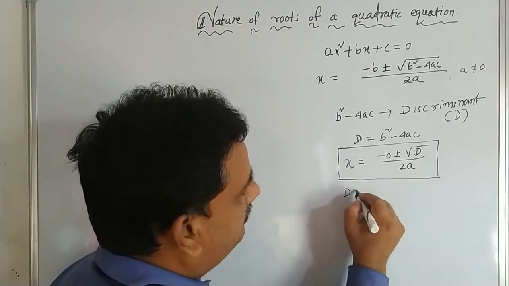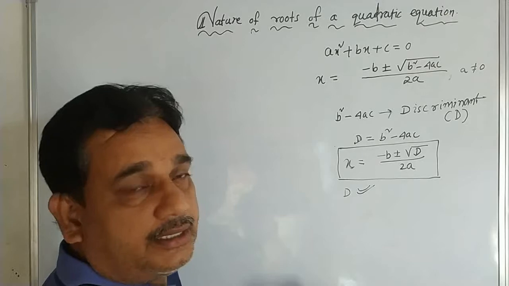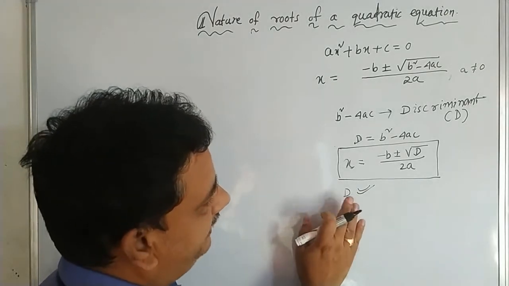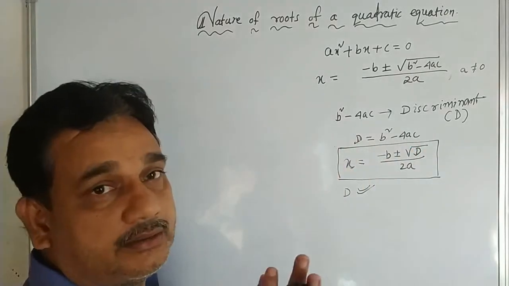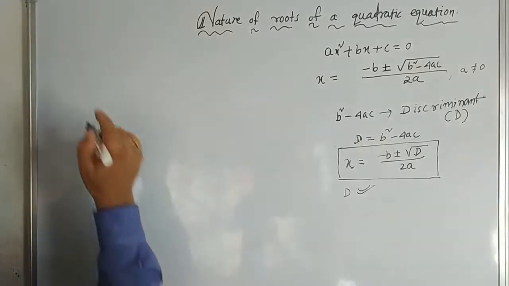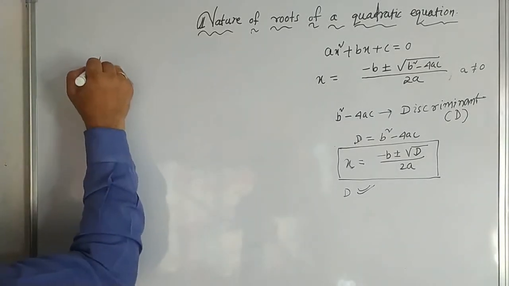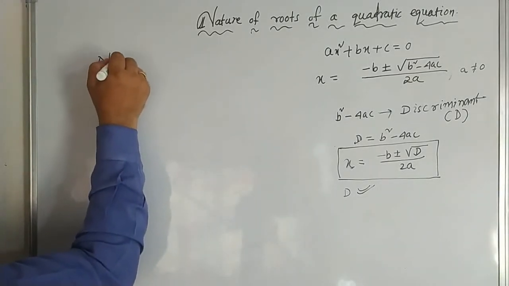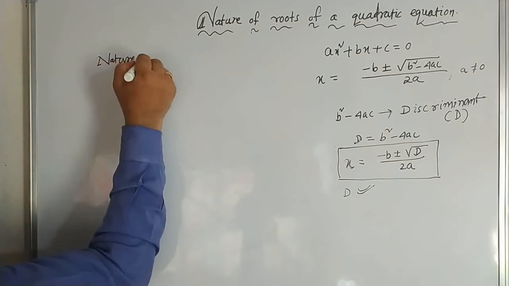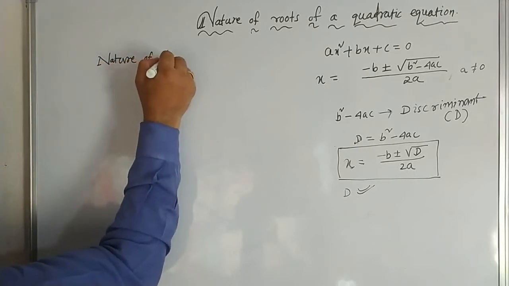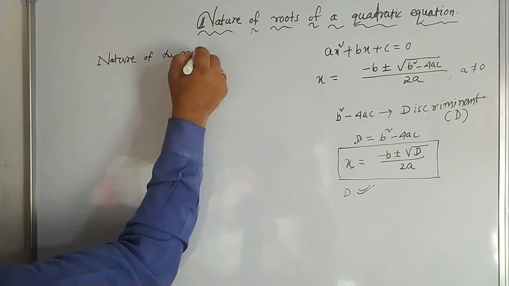So first you find D, then put the value of D directly here. Now, what is the nature of the roots?